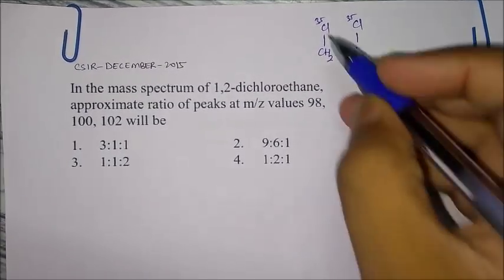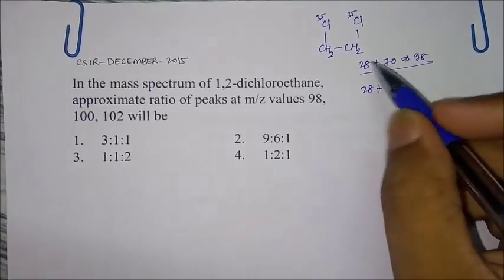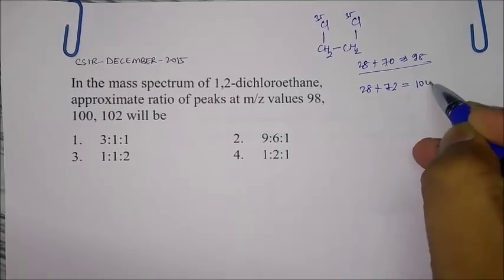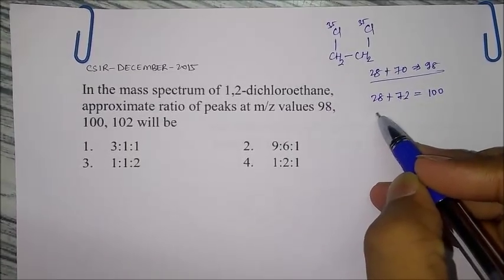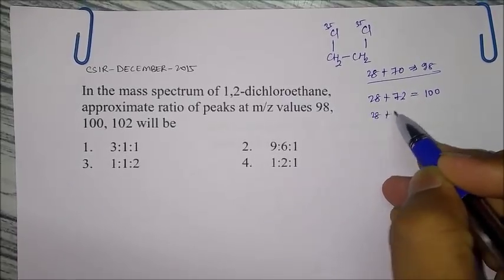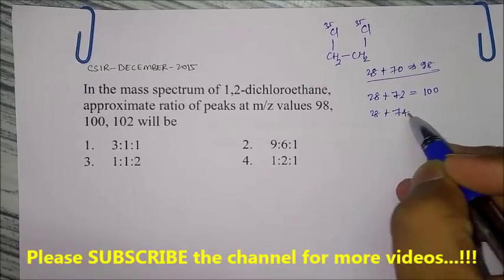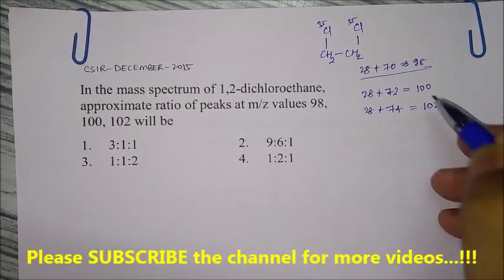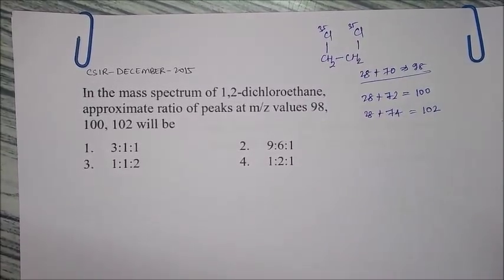If let's say you have one chlorine 35 and other 37, then your mass will be 35 plus 37, that will be 72, and you will get 100. And if both of the chlorine were 37, then you would have got 74 here, plus 28 for this fragment, that will be common, so 102. So both 100 and 102 you are getting because of the isotopes of chlorine.